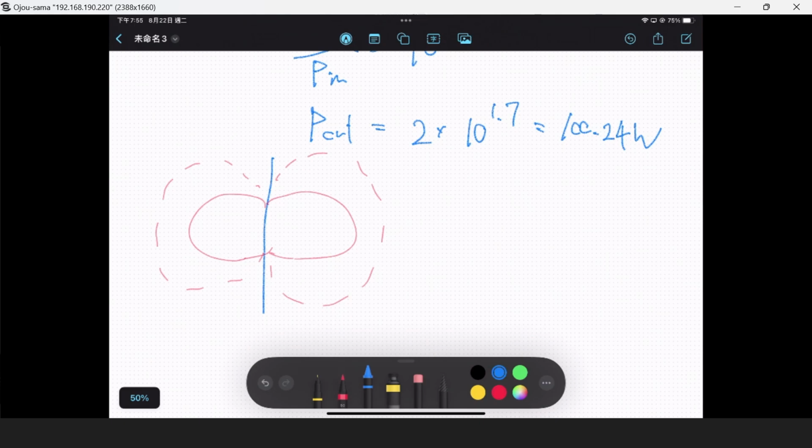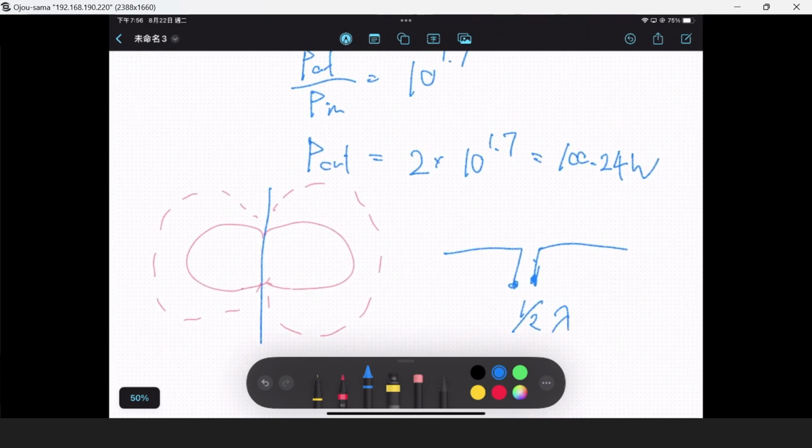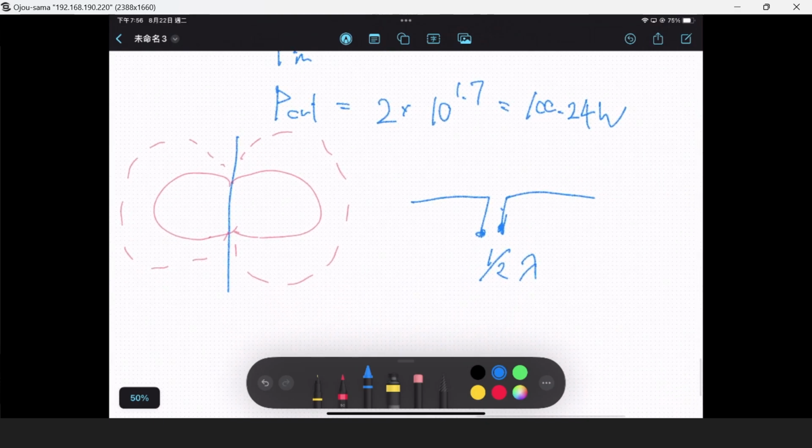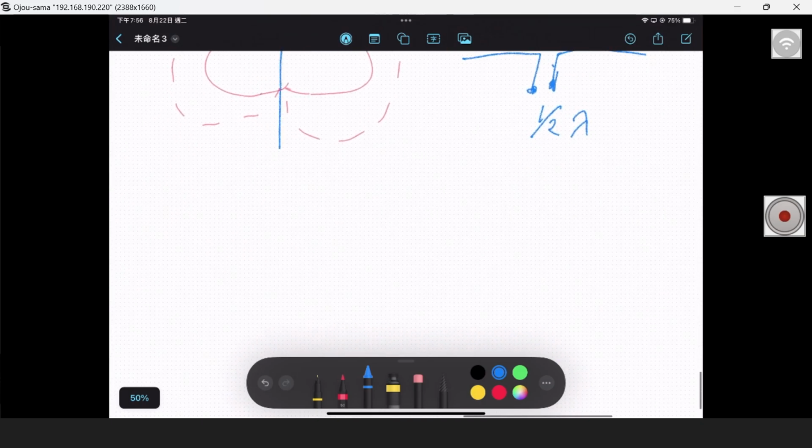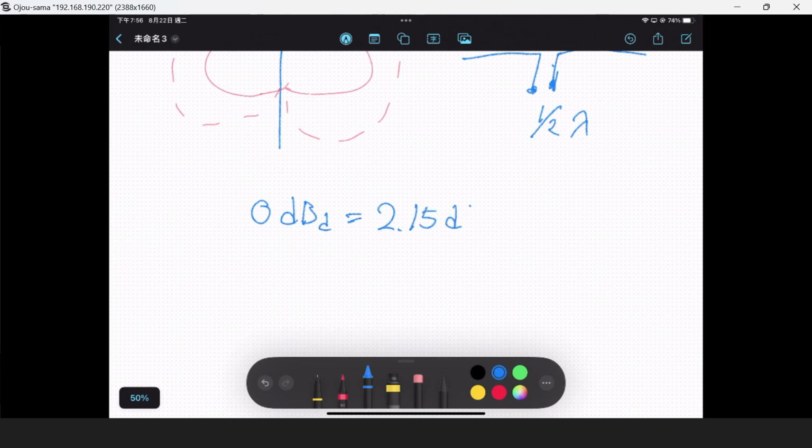But a dipole, I haven't prepared my notes yet. A dipole antenna looks like this, or we call it half wavelength. This is the dipole, but I'm not going to go too deep on it first. One more reminder: 0 dBd equals 2.15 dBi.